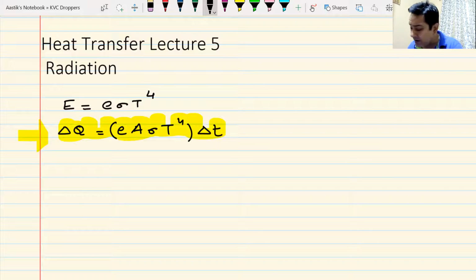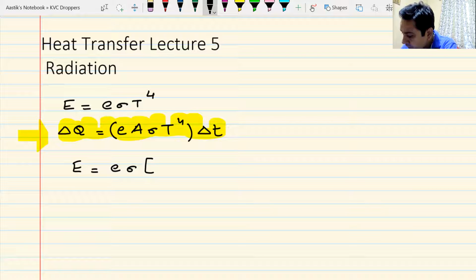If I take that into calculation, the net energy that it is emitting will become E sigma, T raised to the power 4 minus T naught raised to the power 4.